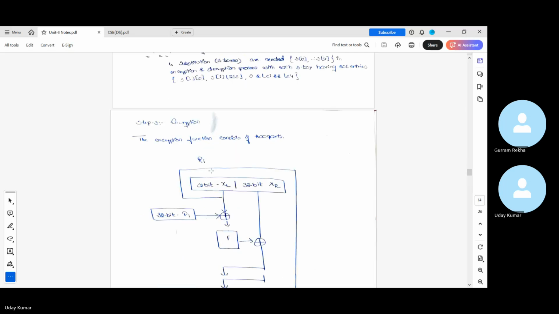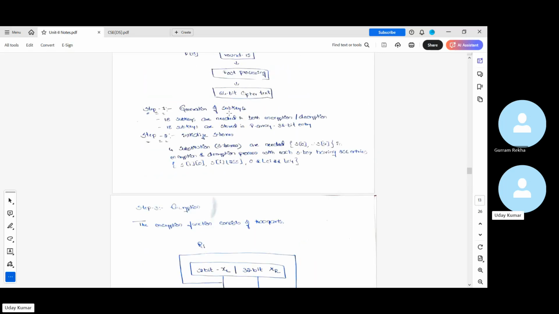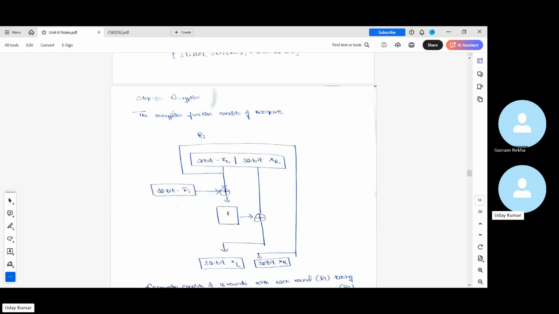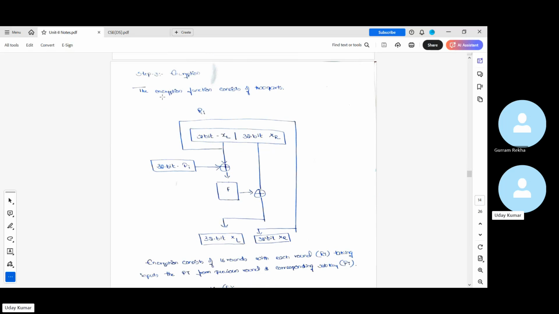So here step one is generation of the subkeys and initializing the S-boxes. And step three is the encryption. Encryption function consists of two parts. So like DES, this is 32-bit left, 32-bit right. Now you are going to XOR with 32-bit P1.